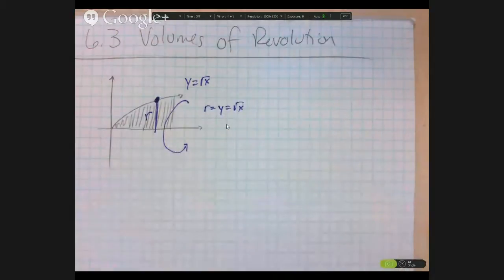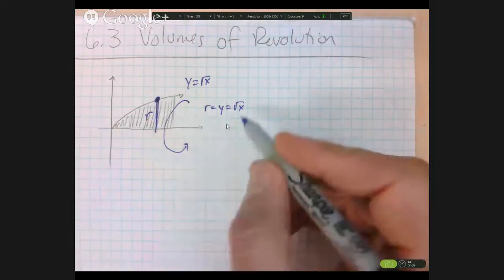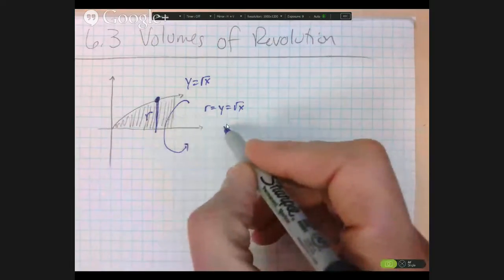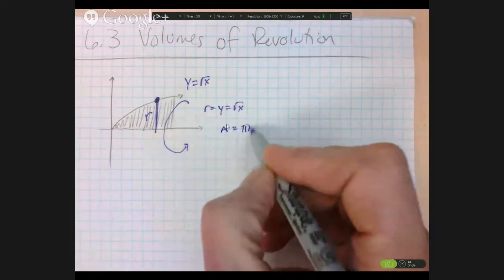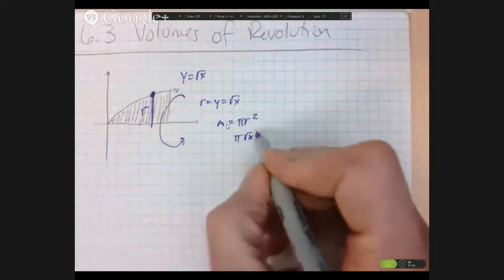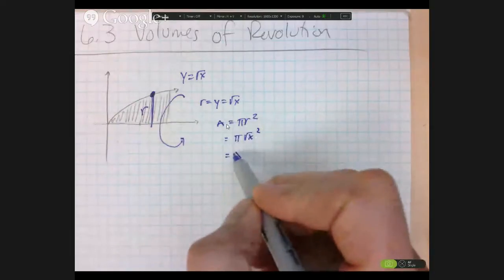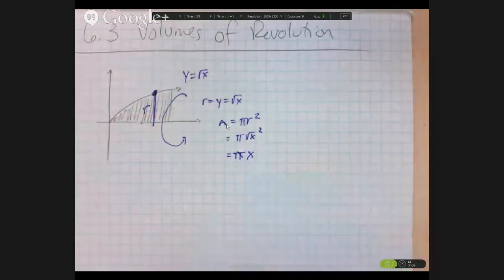So if I want to find the area of a rotated circle at any spot on that function, I'm just going to plug root x in there.